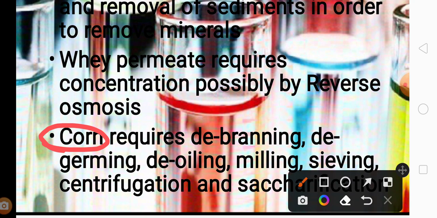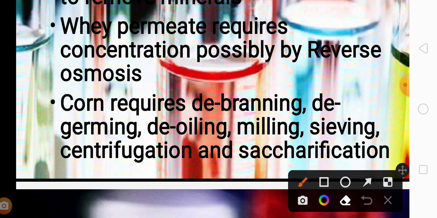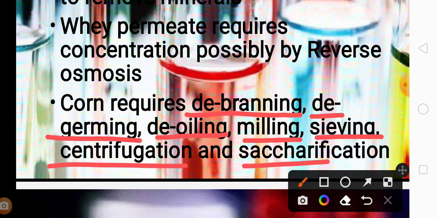So in butanol, corn is used as a raw material, and the processing that corn needs to be an eligible candidate as a raw material for the production of butanol requires debranding, degerming, de-oiling, milling, sieving, centrifugation and saccharification.